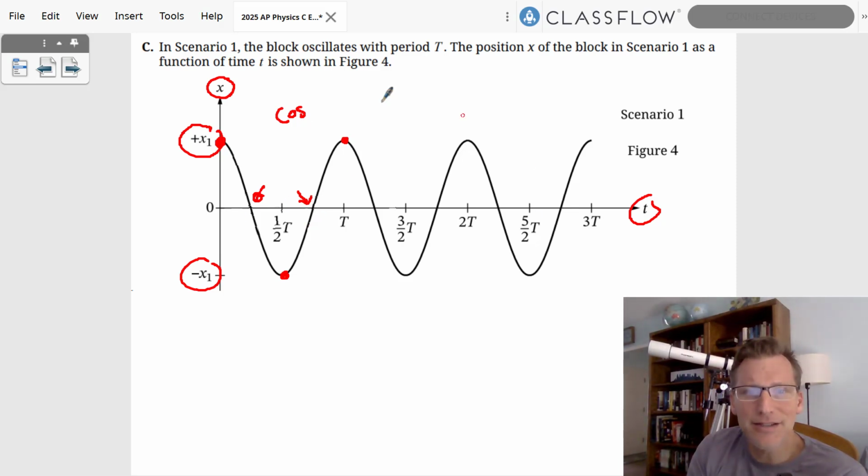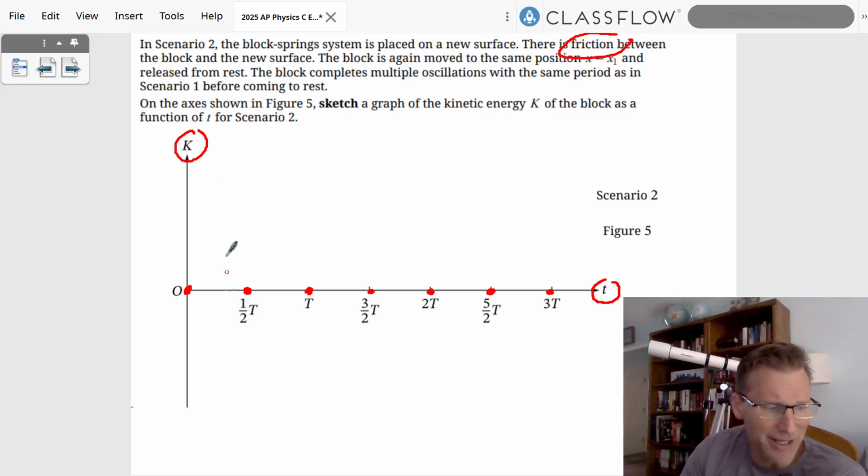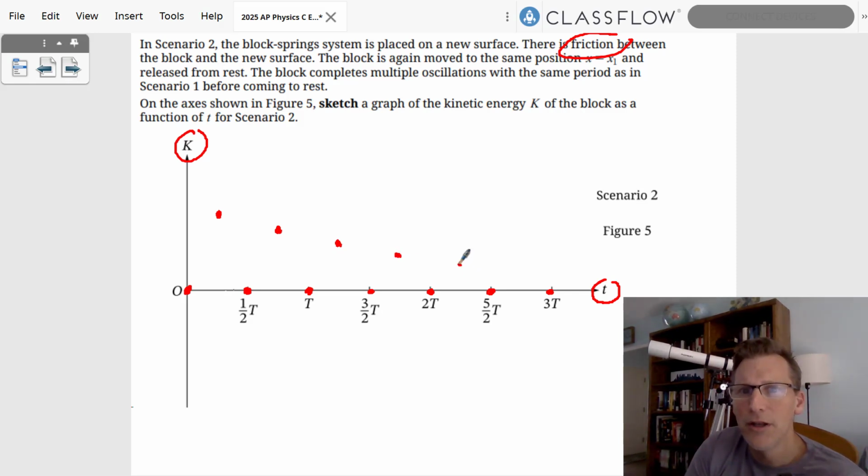Now this scenario is when there's no friction. So the highest kinetic energy is going to be right here. But since there's a little bit of friction, that kinetic energy goes lower and lower and lower, eventually till it becomes 0.